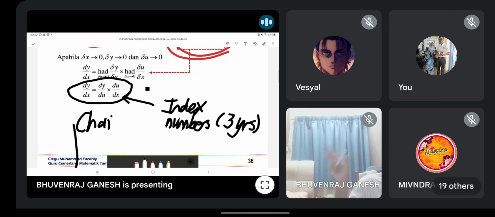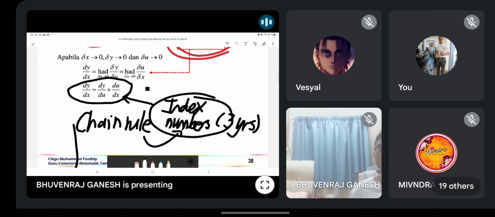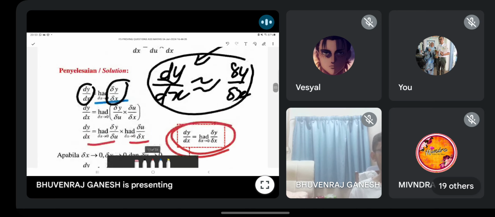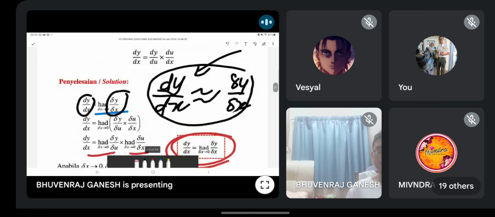Only thing is, kamu tukar dy dx ni kepada harga index. That's all. Exactly the same format. So if you want to understand chain rule, you use the exact same concept you use with index number 3 tahun. Exactly the same formula. Bentuk rumus tu macam ni. Okay, so this is the concept they're applying over here. Okay, so yeah. So Mirindra.